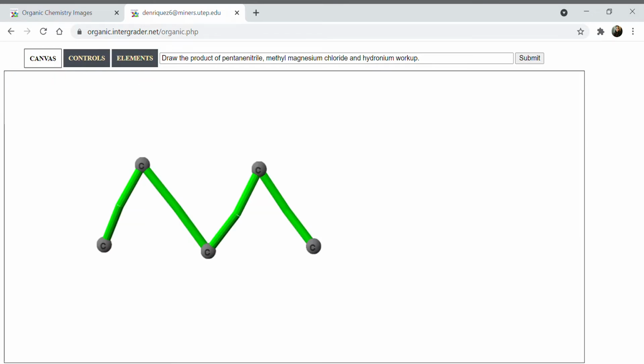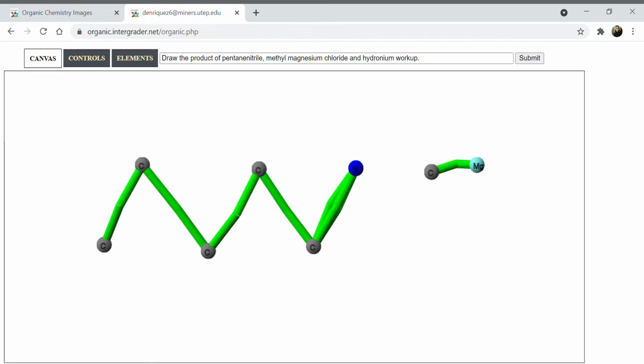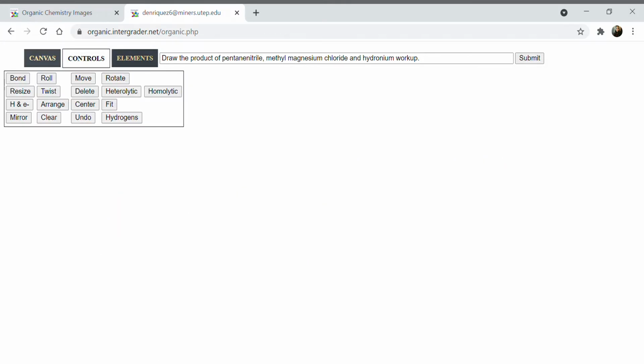Okay, pentane nitrile, so that's 5 carbons and triple bonded nitrogen. And I'll go ahead and draw my methyl magnesium chloride. I want to say that it's drawn like this. And I'll just draw my water as well.